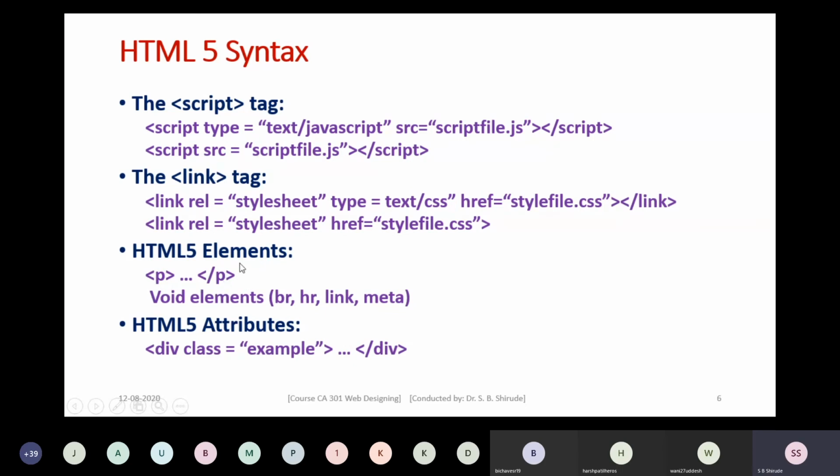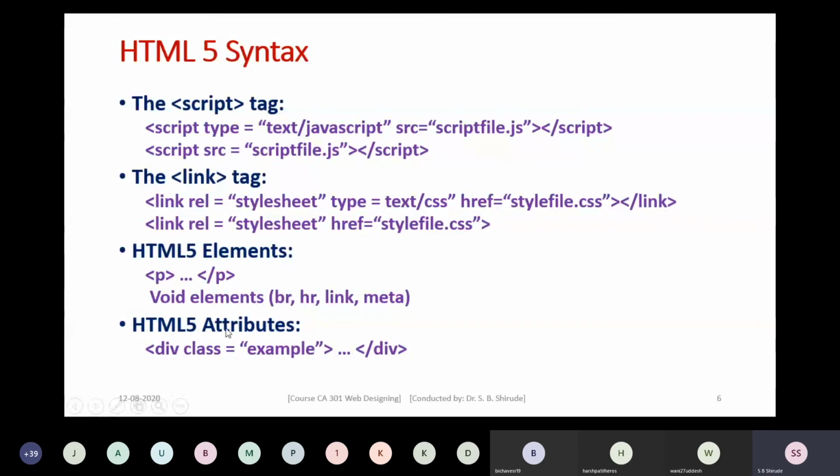Then in HTML5, there are some void elements, meaning empty elements, like br, hr, link and meta, as we also discussed in the previous slide. You can specify those void elements in HTML5 by simply putting the start tag, with no need to end them. But if you end them, still it is okay. It does not give you any error.